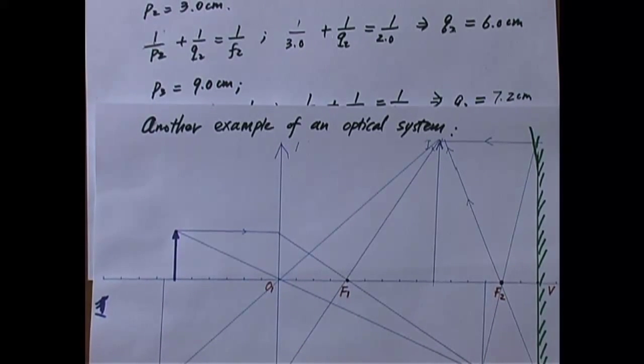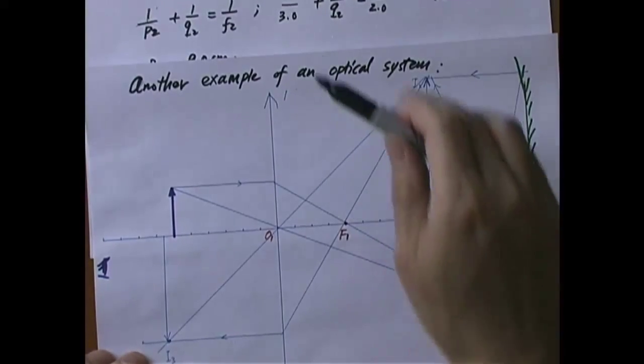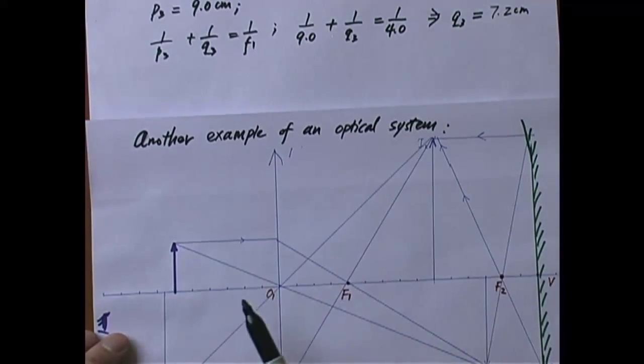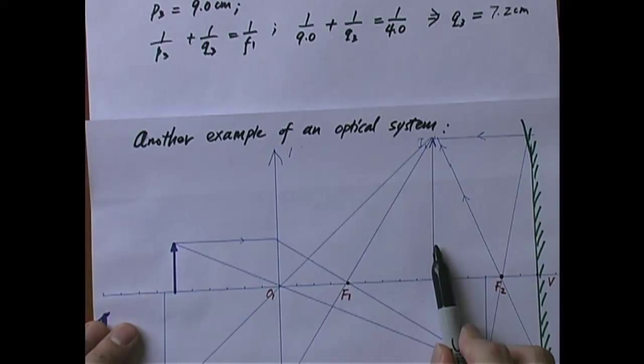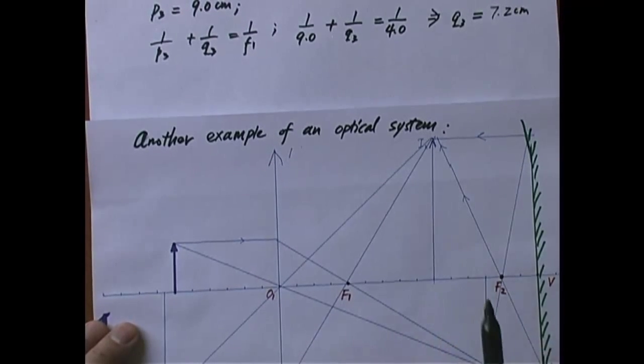And you can also figure out the size of the final image, by the way. You go from the first image and multiply by the magnification, and you get the second image size. You multiply by another magnification, you get the next image size, and then by another magnification, you get that image size. The magnification, as you know, is Q over P. So you have to multiply 3 times to get the relative size of the final image compared with the object.